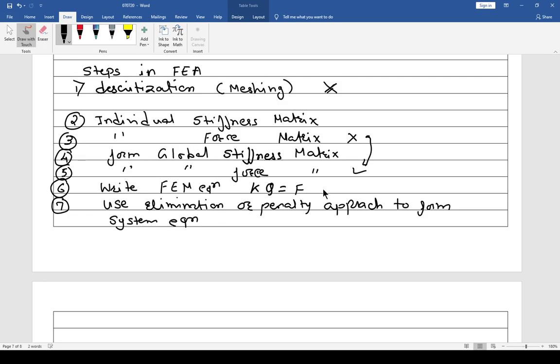So this KQ equal to F is not solvable, because it is singular.